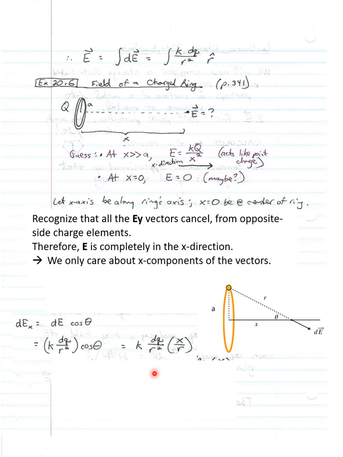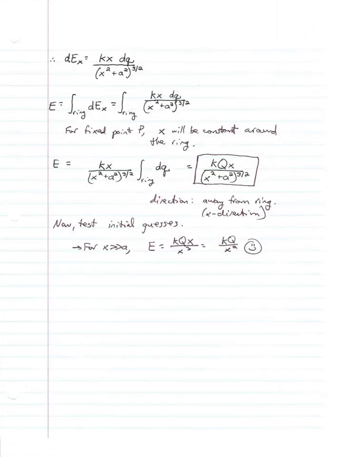We have k dq over r squared times x over r. And then let's get rid of the r, because r squared is x squared plus a squared. So that becomes dEx is kx dq over (x squared plus a squared) to the 3/2.